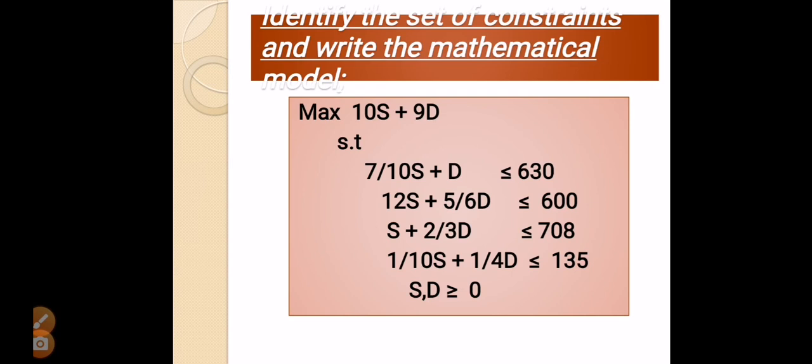Maximize total profit contribution 10S plus 9D, subject to these constraints: 7/10 S plus D less than or equal to 630, 1/2 S plus 5/6 D less than or equal to 600, S plus 2/3 D less than or equal to 708, and 1/10 S plus 1/4 D less than or equal to 135. So S and D are greater than or equal to 0.